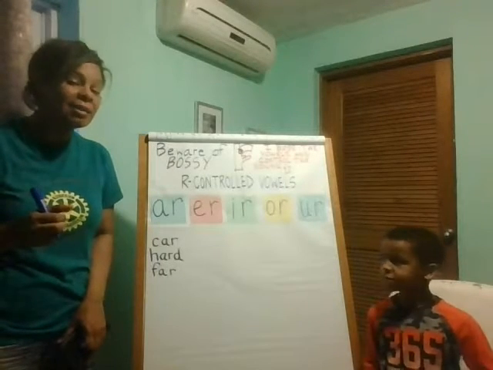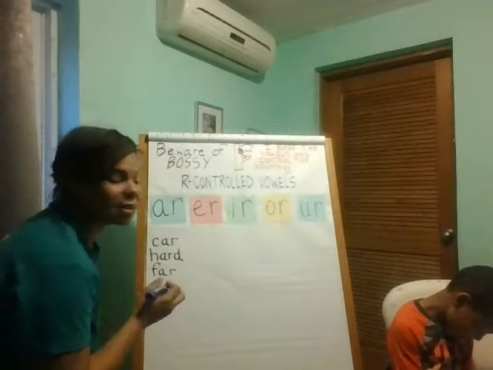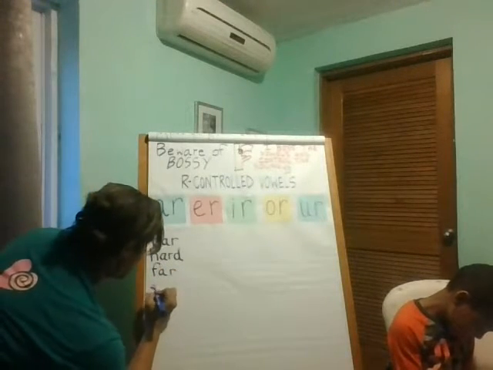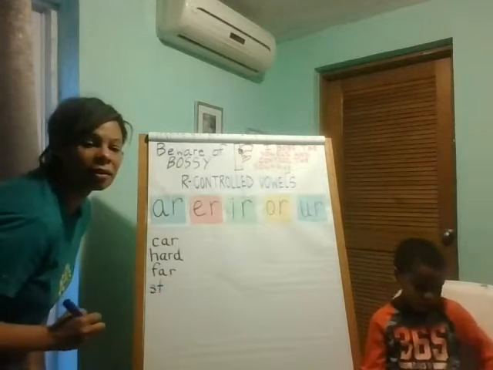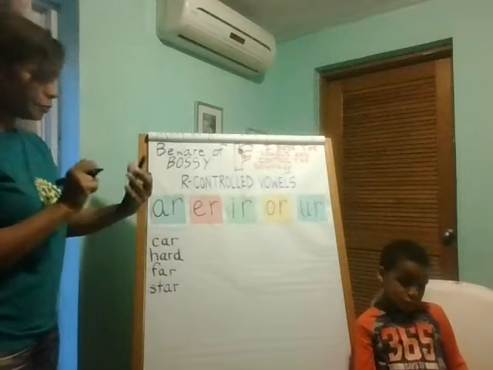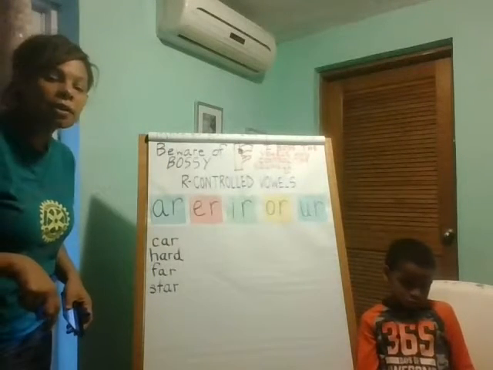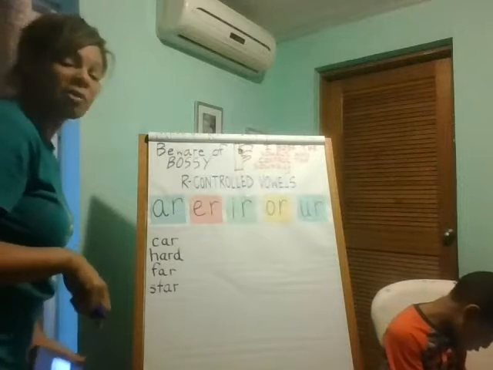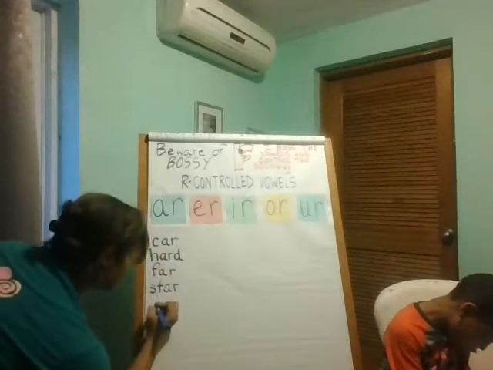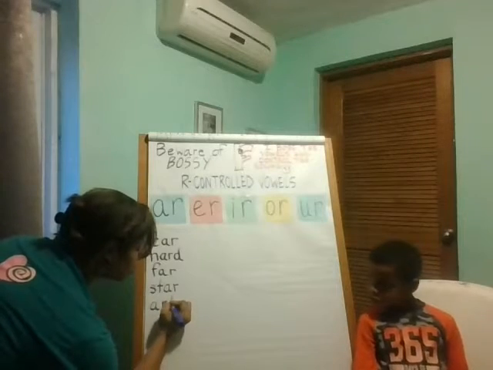So it has a blend, star. Well, let's make that sound. S-T-A-R. Star. Next word, art. Art. What comes first? A-R-T.